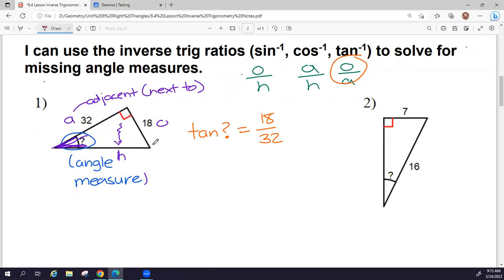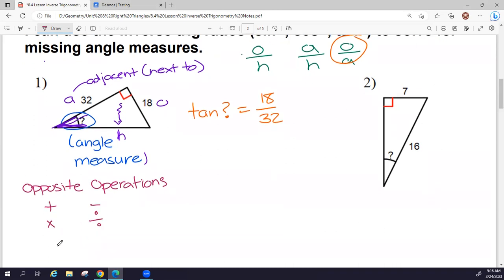And so when we're doing algebra, when we're solving equations, we know that we have opposite operations. Some opposite operations are addition and subtraction, multiplication and division. We've added some opposite operations this year.